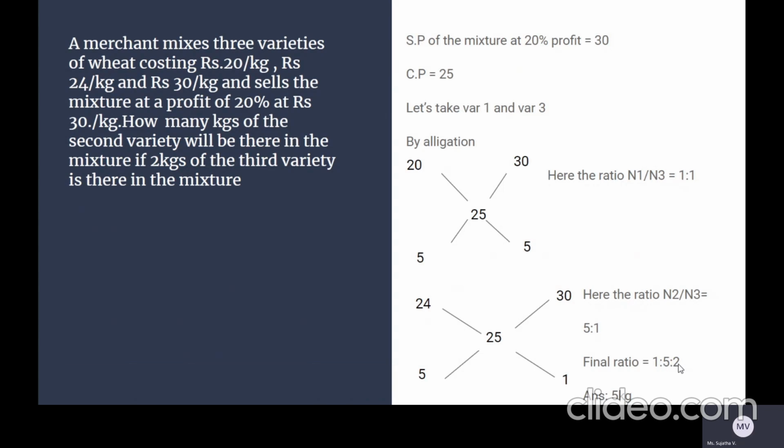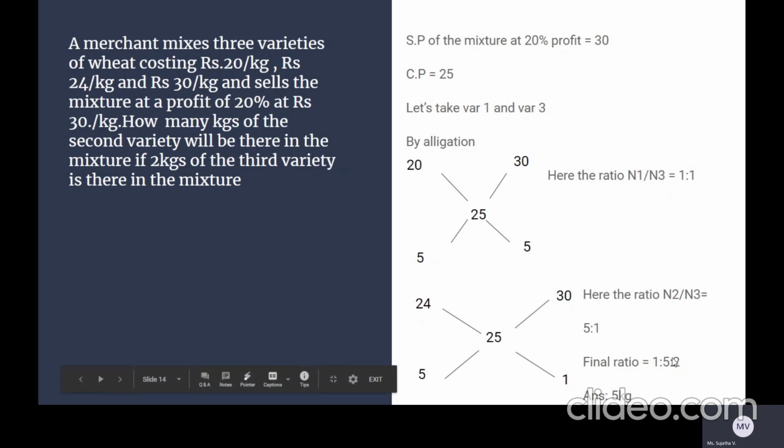Now you have to find how many kgs of the second variety will be in the mixture if 2 kgs of the third variety is in the mixture. By ratio and proportion, the 2 parts correspond to 2 kgs itself, so the parts are equivalent to the kgs.